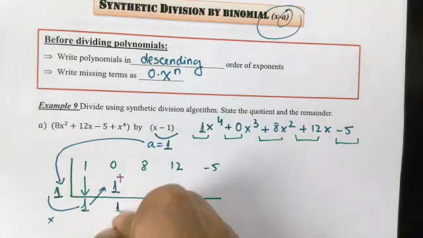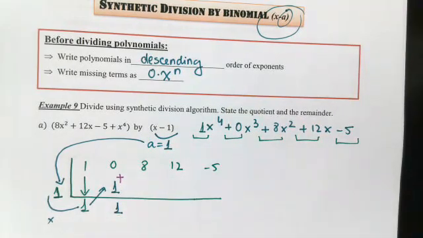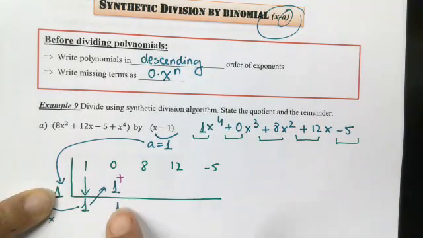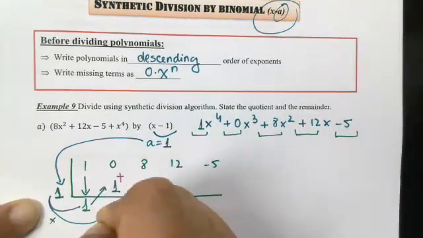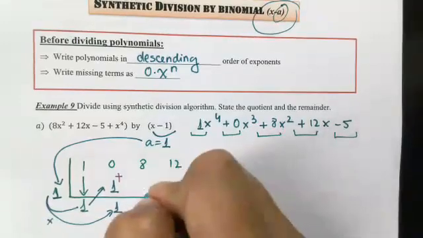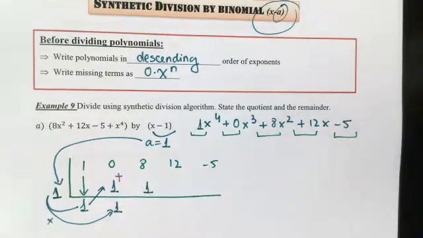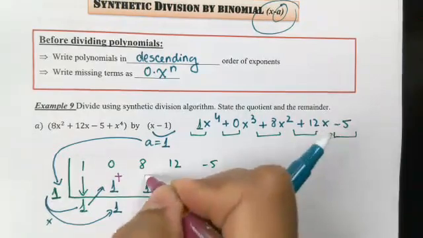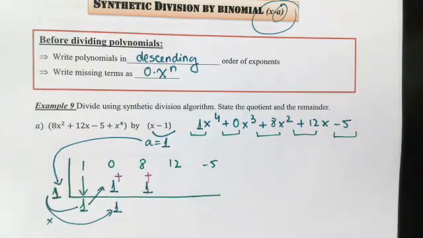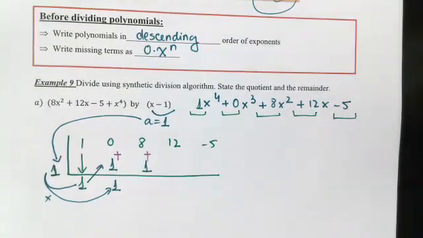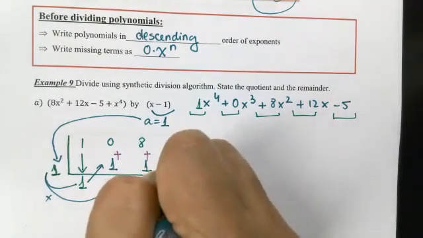And we write the answer underneath the line now. We keep doing the same thing. Now we take the 1 from here, and the next number that we just wrote, the 1 from here. So 1 times this one from there is 1. And we add the next pair vertically. 8 plus 1 is 9.